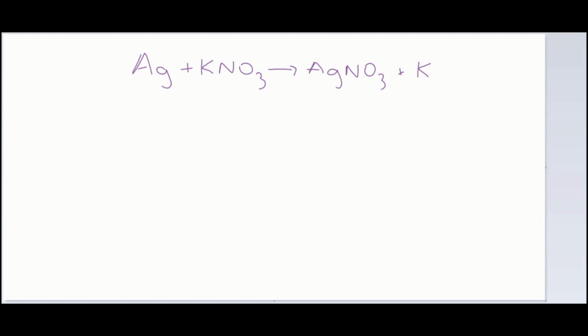Now, I'm going to write the net ionic for this reaction. In order to do that, though, I need to identify what's soluble and what's not. Well, since both compounds that I have have nitrate with them, they are both going to be soluble.